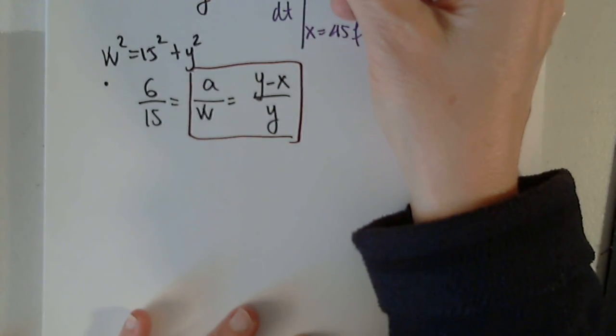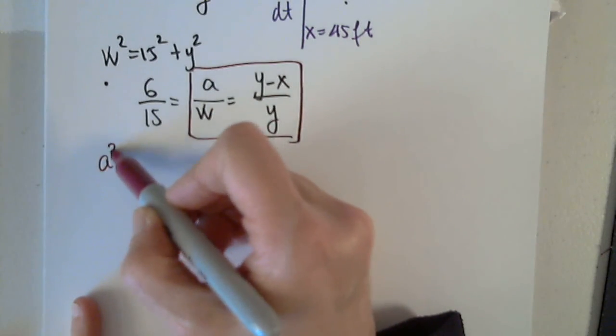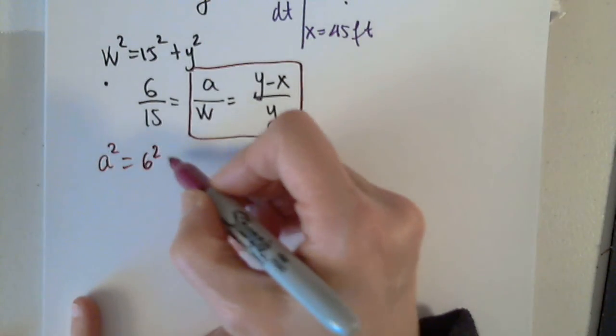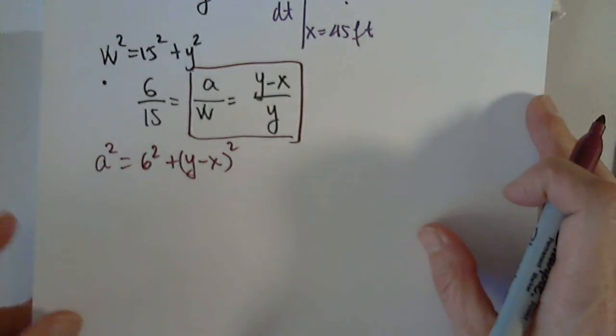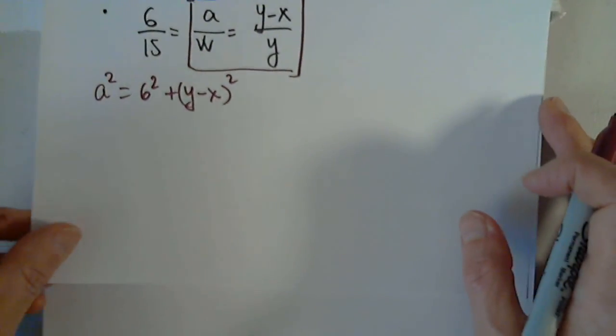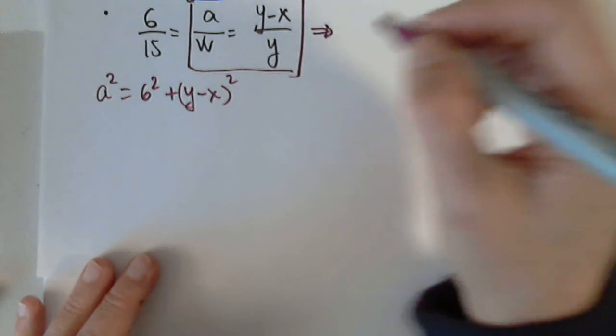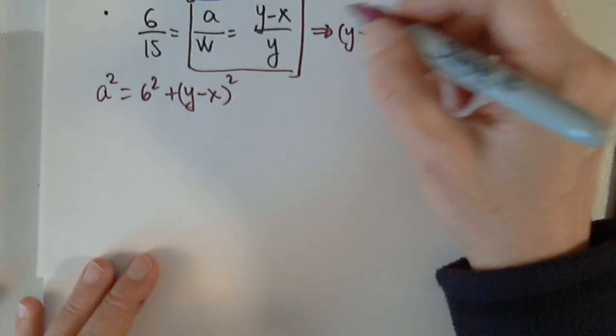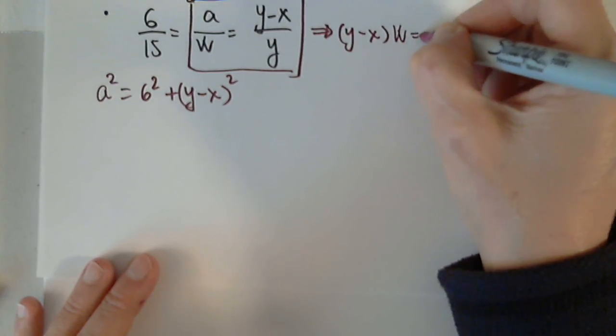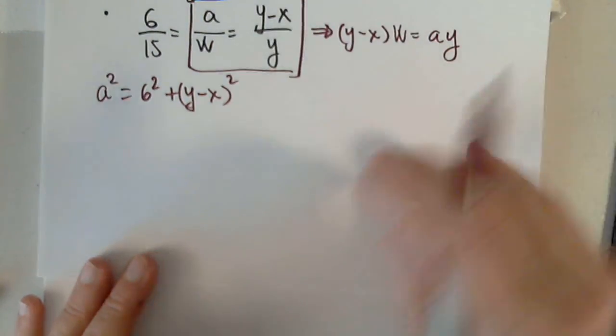And then here, I also have that a squared equals 6 squared plus y minus x everything squared. So y minus x times w equals a y.